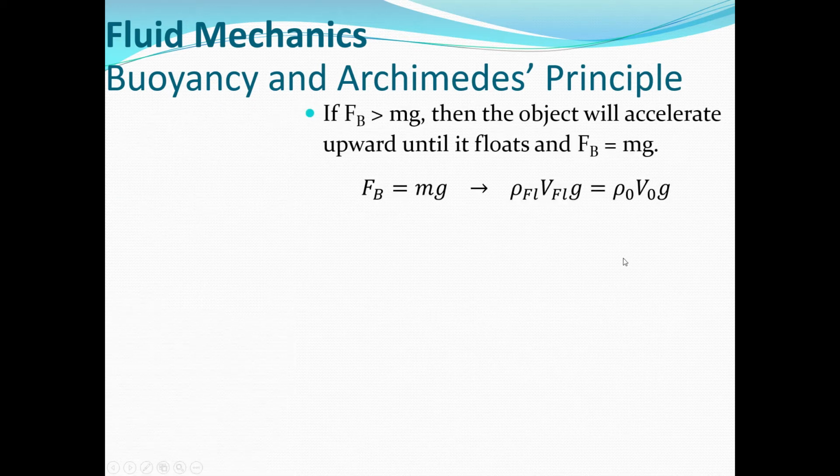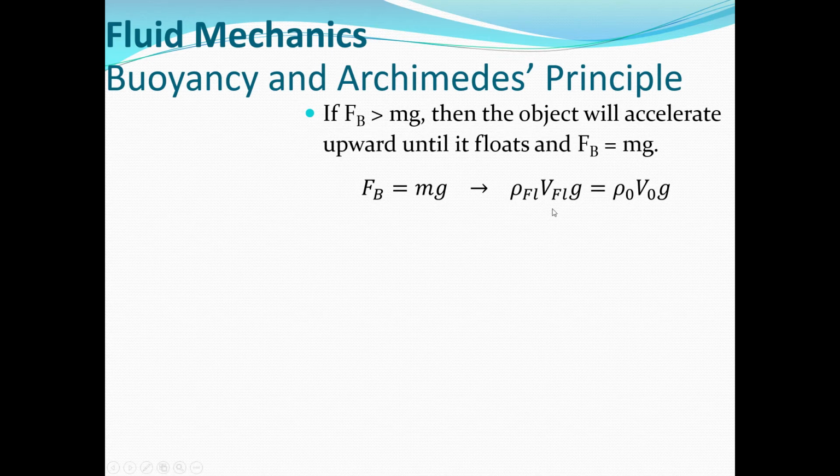All right, so going back to the whole buoyant force. If the buoyant force is greater than the weight of the object, then the object is going to accelerate upwards. That just comes from Newton's second law. And it's going to do that until it reaches a point where the buoyant force is equal to the weight of the object.